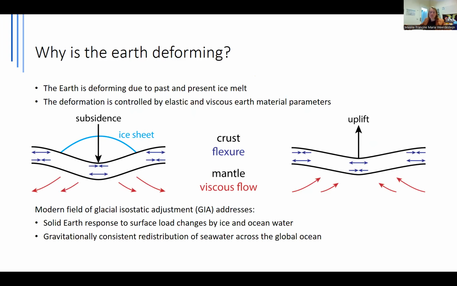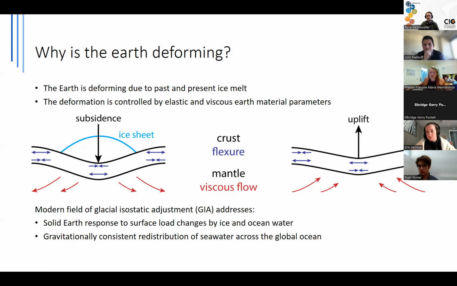So why is the Earth deforming? It's deforming due to past and present ice mass changes, and the deformation is controlled by elastic and viscous Earth material parameters. Here you see a simple schematic overview where we have an ice sheet, we see subsidence coming from an elastic or flexural response from the crust, and on longer time scales, mantle material flowing away from the area of glaciation.